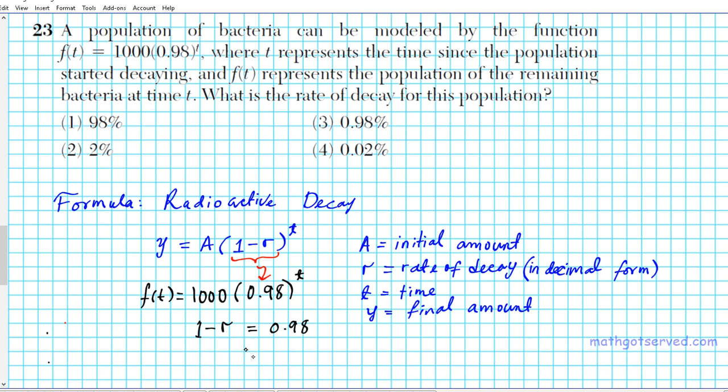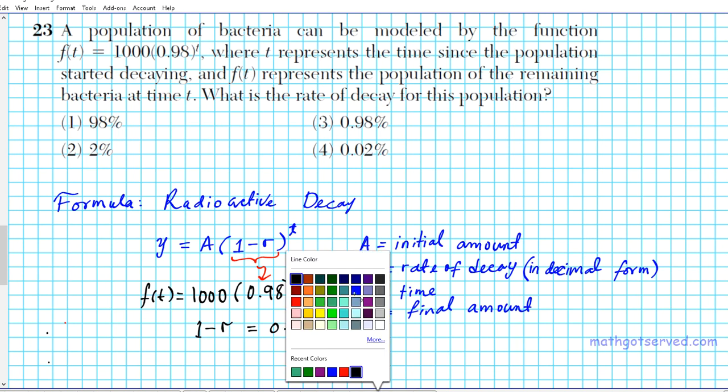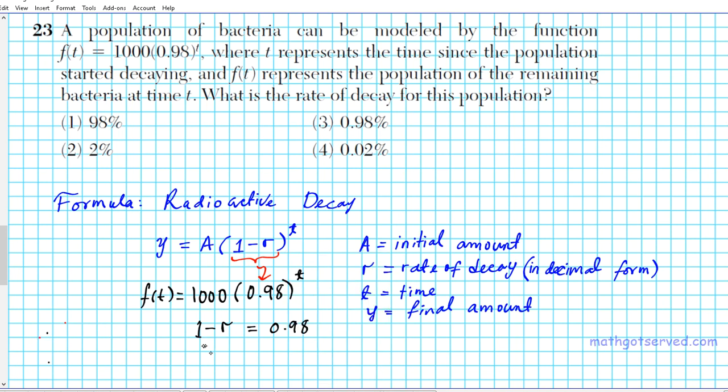How do we solve this? We want to get r by itself. So what we can do is subtract 1 from both sides and then multiply both sides by -1. Just some straightforward algebraic procedures.